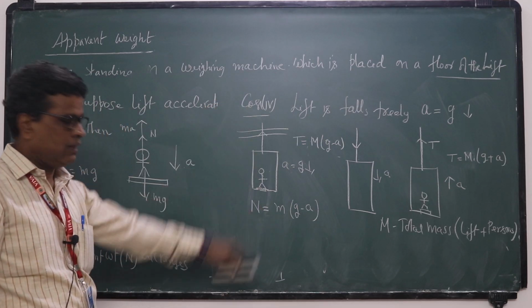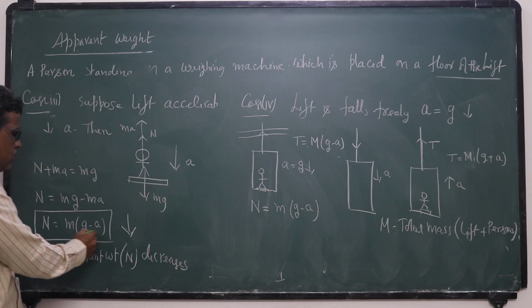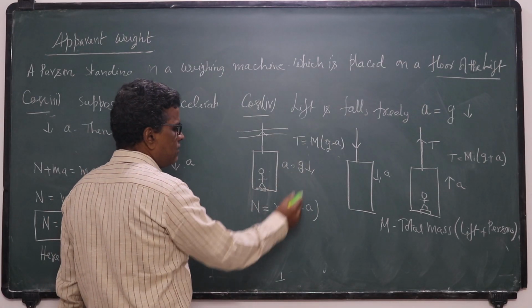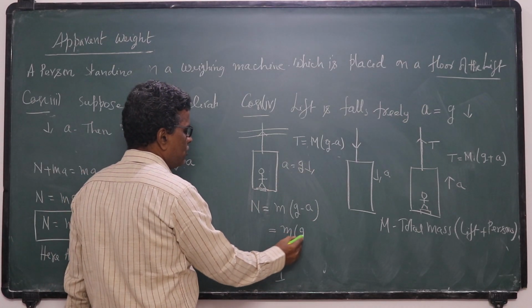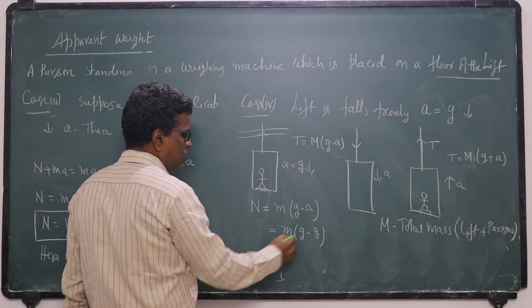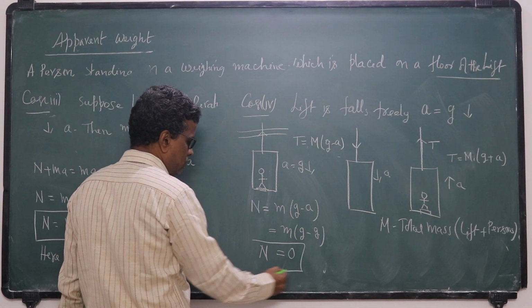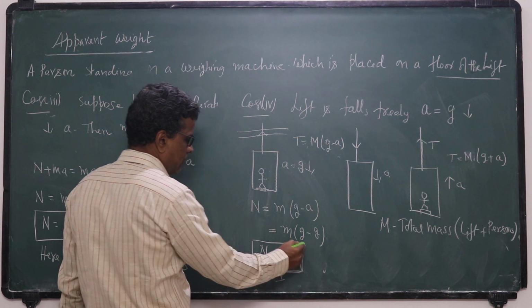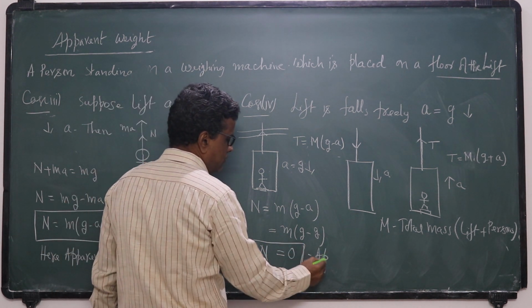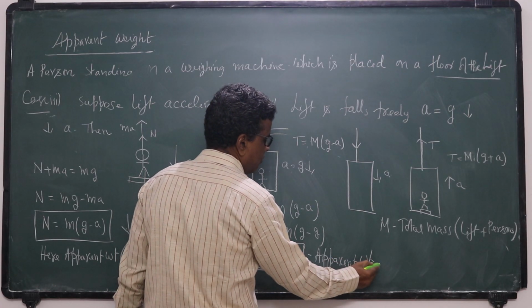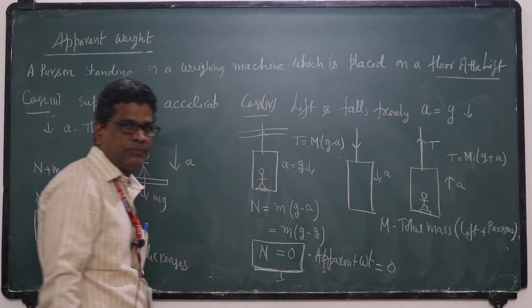When it is moving down with an acceleration equal to g, you substitute a is equal to g, m of (g minus g). So these two get cancelled. You will get N is equal to 0. That is, apparent weight is 0 in this case.